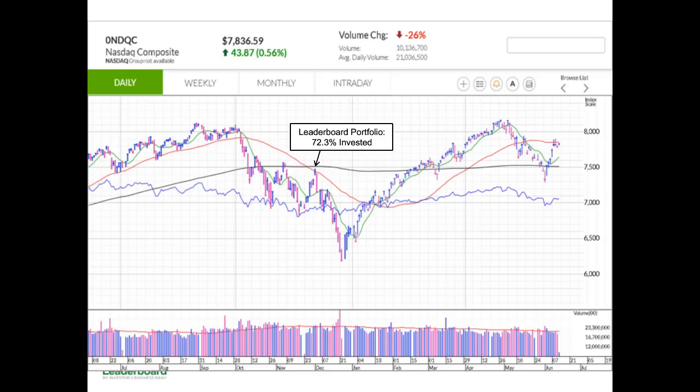Now the NASDAQ was still underneath its 200-day moving average, but we increased our exposure to 72.3%. Again, moving with the market, going from a low percentage invested, increasing it back up to 72.3.